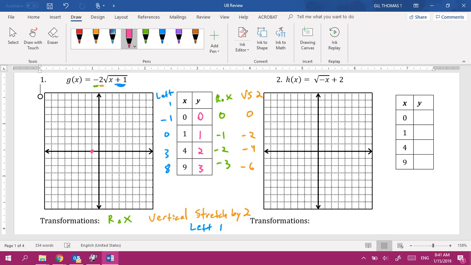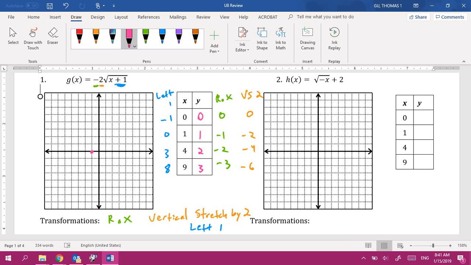Do we have to do the originals? No. Okay. Yeah. You're only graphing the new one, unless it asks for it, but this one doesn't ask for it, right? So 0, -1, 3, -2, and 8, -3. 8, -6. Wow, that means I messed up all of them. Sorry. 0, -2.